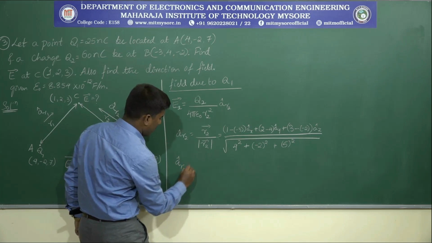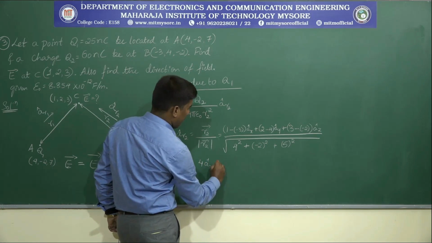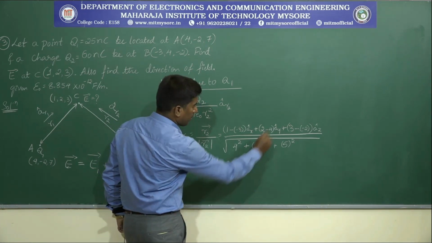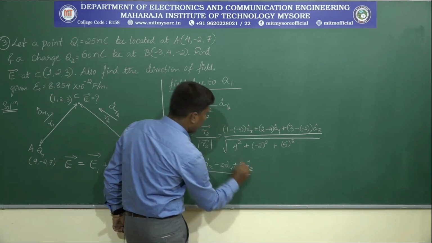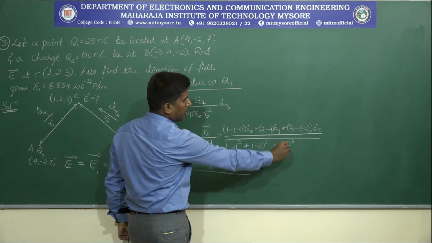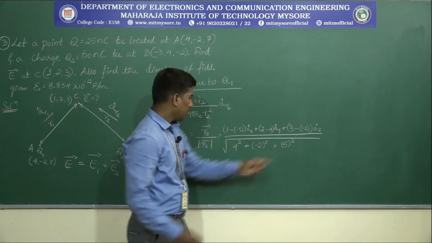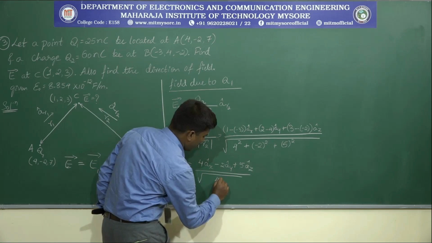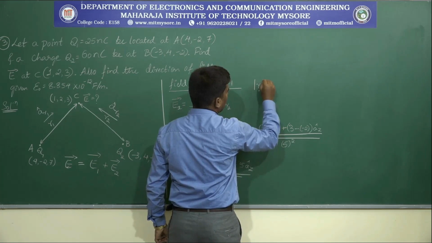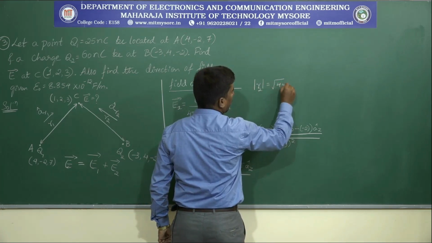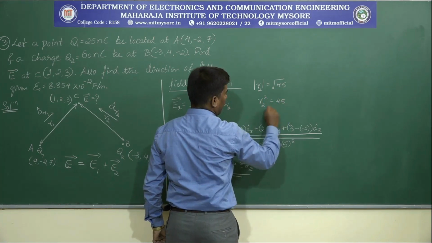A cap R2 is equal to 4 A cap x minus 2 A cap y plus 5 A cap z whole divided by 16 plus 4 plus 25. How much? 16 plus 4, 20, 20 plus 25, root 45, square root of 45. So let us write here, magnitude of R2 is equal to square root of 45. Therefore, R2 square is equal to 45.